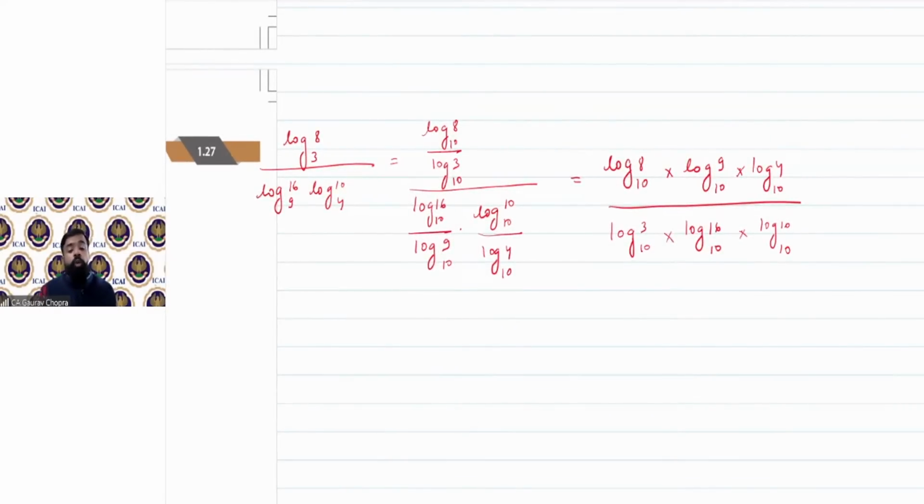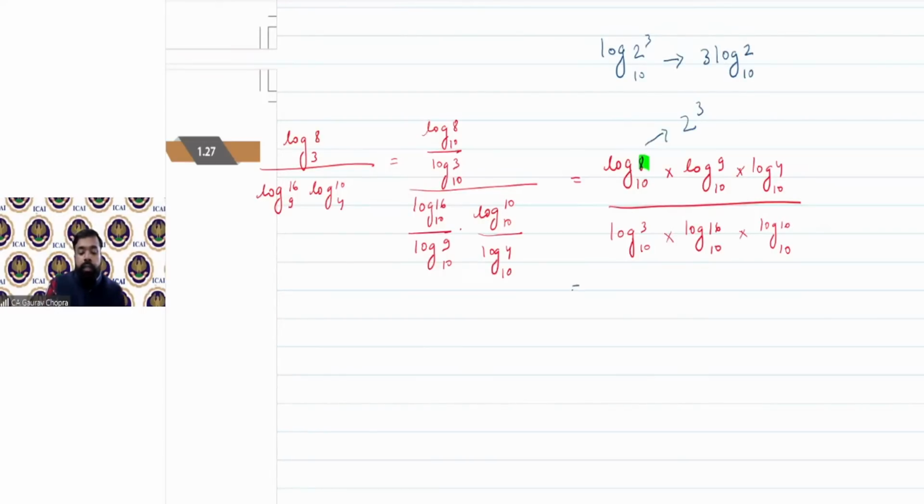So log of 8 can be written as 2 cube. If it is log of 2 cube base 10, then it can be written as 3 log 2 base 10.